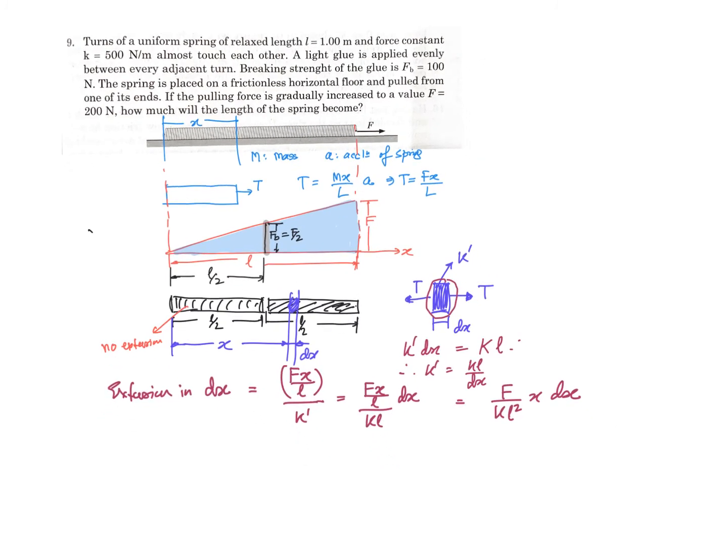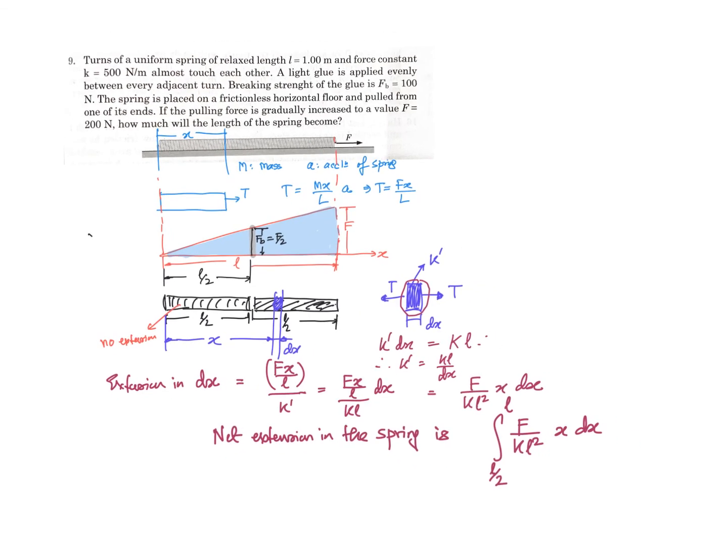So what is the total extension? The net extension in the spring is equal to the integration of F divided by kL squared times x dx. Now it will vary from L by 2 to L, right?